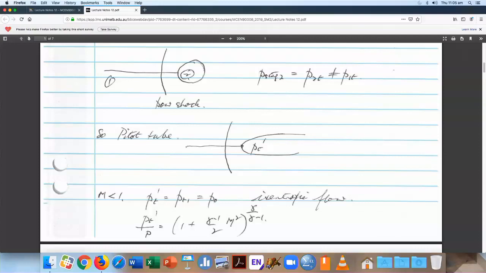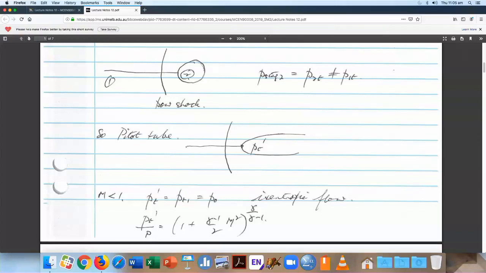So it's not supersonic flow, and so there's no shock wave. In that case, we can say that the total pressure that the pitot tube would measure would be PT1. It would be the same as the total pressure without a shock wave, and that'll be the stagnation pressure, P0.